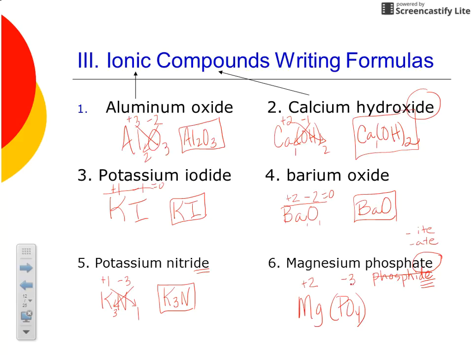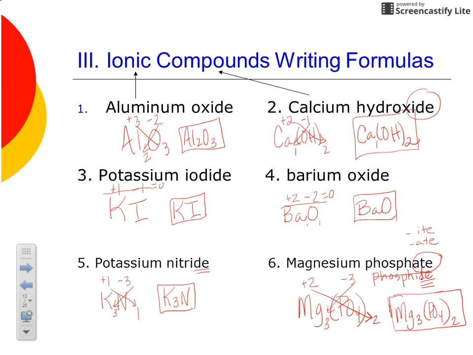Now crisscross your charges, you bring your 3 down here, you bring your 2 down here. The 3 and the 2 cannot be reduced, so that means your final formula will be Mg3(PO4)2, with the 2 outside the parentheses. This is your final formula for magnesium phosphide. I'm sorry, phosphate. Now, I said that because I was thinking I need to show y'all the formula for magnesium phosphide.